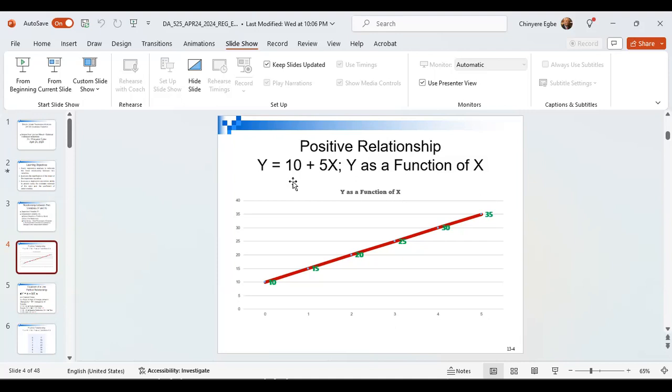If you have a power function, you linearize it using logs. But here we're going to look at simple models.